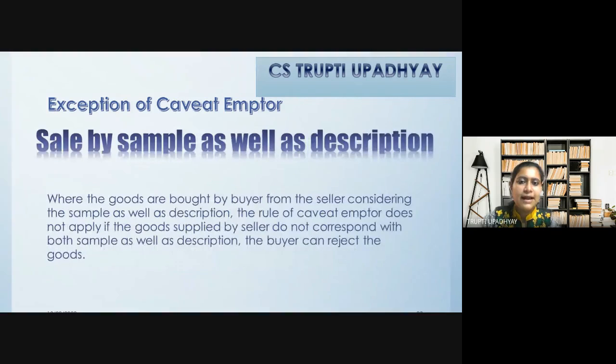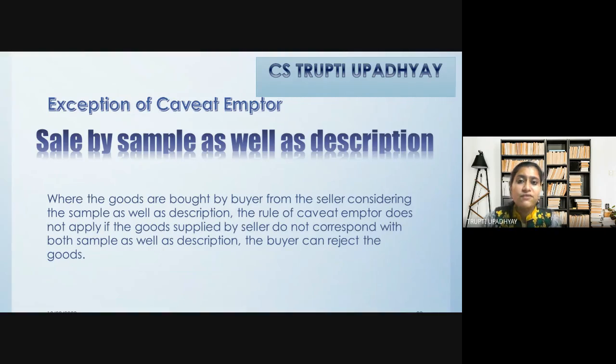Sale by sample as well as description. Where the goods are bought by the buyer from the seller, considering the sample as well as description, the rule of caveat emptor does not apply if the goods supplied by the seller do not correspond with both the sample as well as description. The buyer can reject the goods.